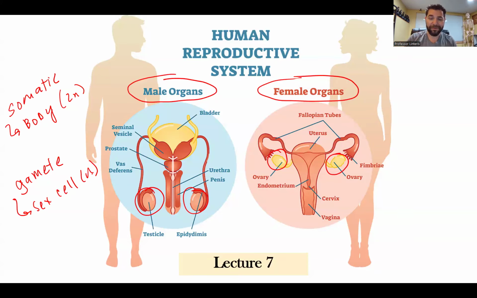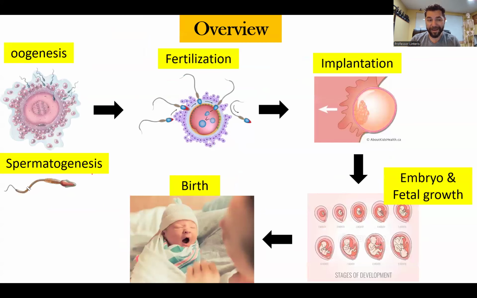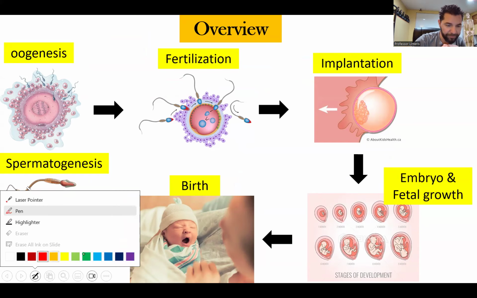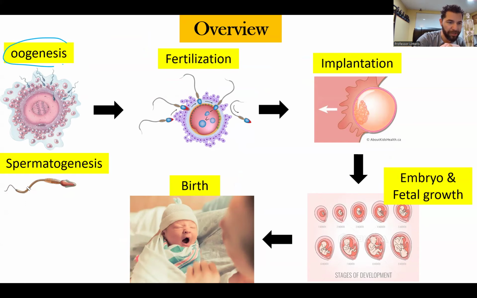So when we take a look at the process of oogenesis and spermatogenesis, these two processes are the production of gametes.